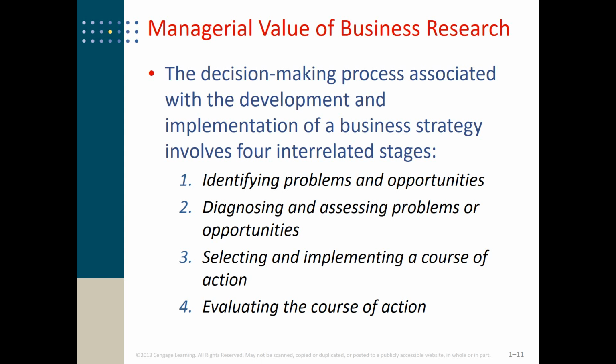That means our decision-making process doesn't end with implementing a particular course of action. Once the course of action is implemented, we also look at whether the results we are getting are consistent with what we expected or not. If we find that the results we obtain are not consistent with what we expected, then we need to revise our course of action.